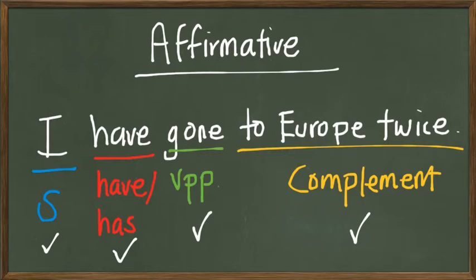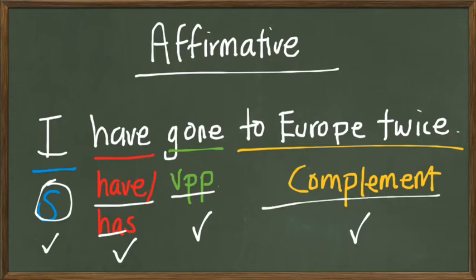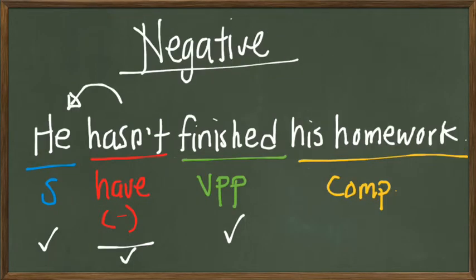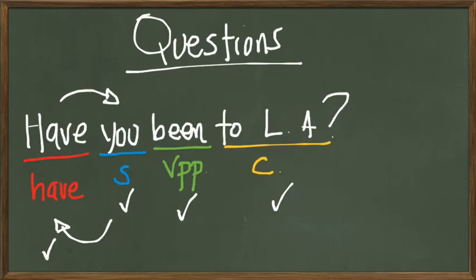Affirmative, we have subject, auxiliary have or has, verb in past participle, complement if necessary. Negative, subject, auxiliary negative, verb in past participle, complement if necessary. Questions, we make the inversion, the famous inversion I've always told you about.